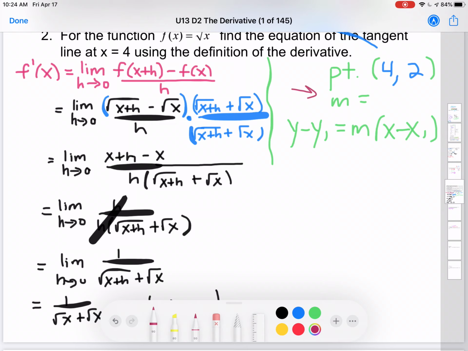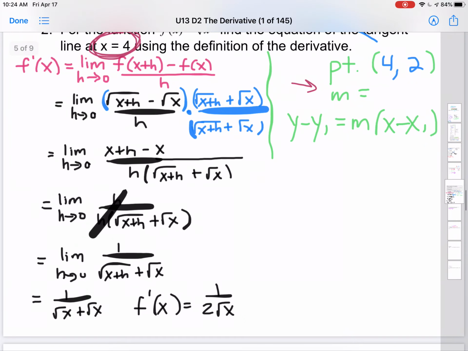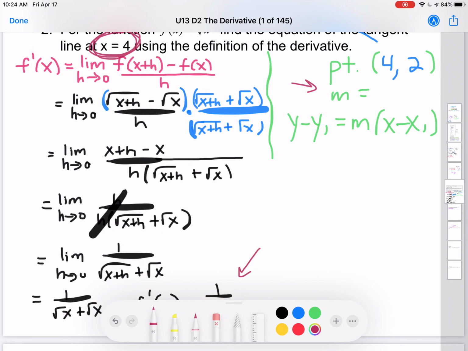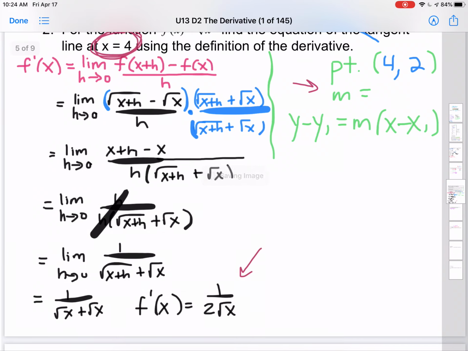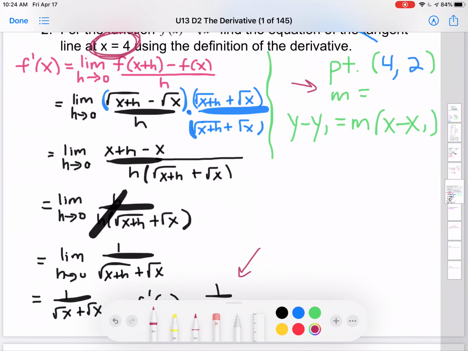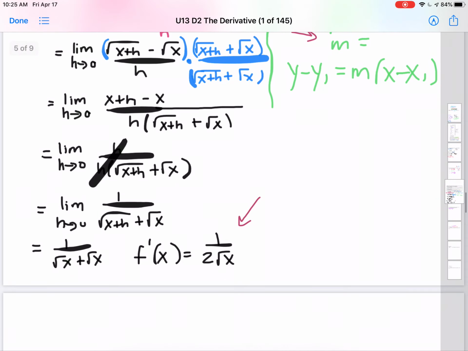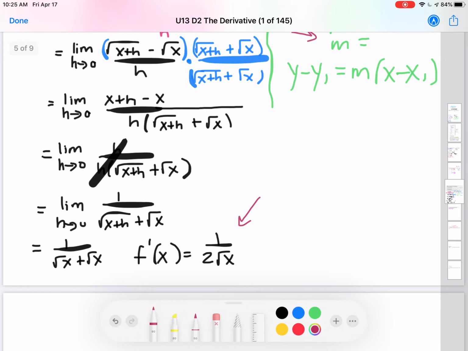So if I look at x equals 4 and plug that in down here. Sorry, guys. Okay, technical difficulties on my part.